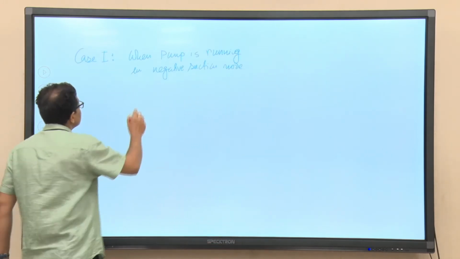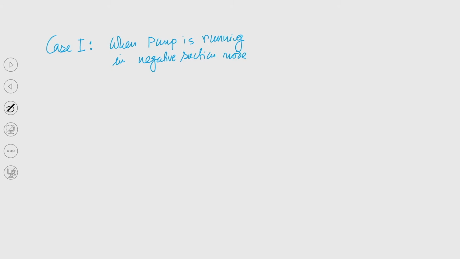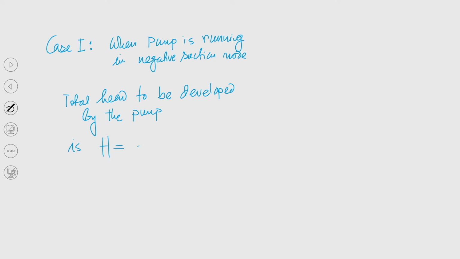Okay. So, for this particular case, when the pump is running in negative suction mode, the total head to be developed by the pump is capital H, that is the head loss in the suction side plus head loss in the delivery side.